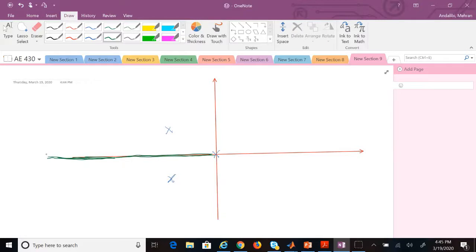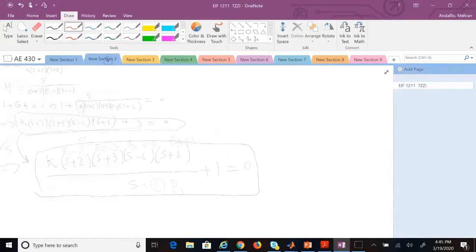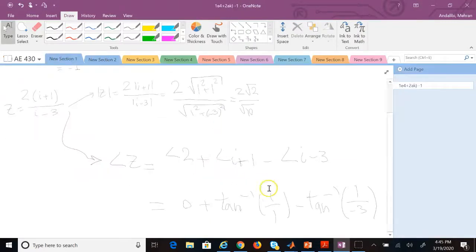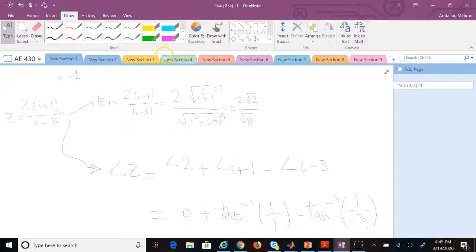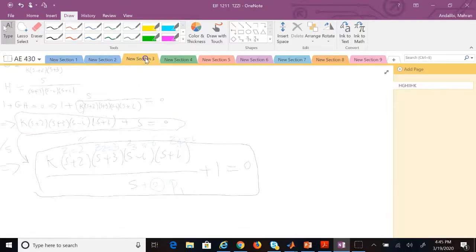Then what did we find? We found the location of the asymptote intersection with the real axis and the angle of them. And if you go back, let's see, we had them at plus and minus 60 degrees, and negative 4 over 3.